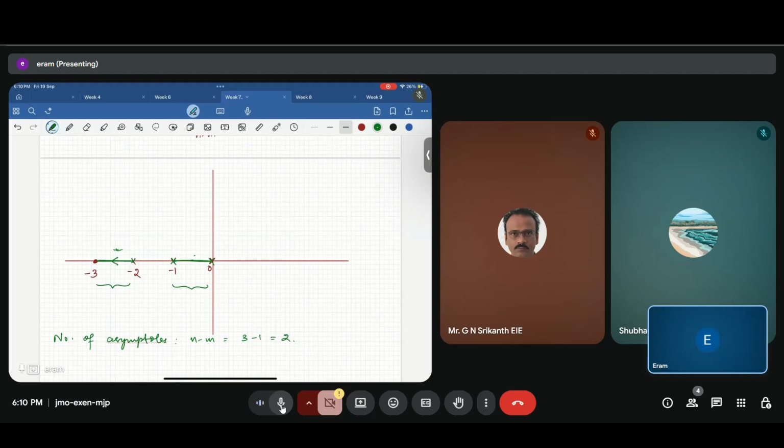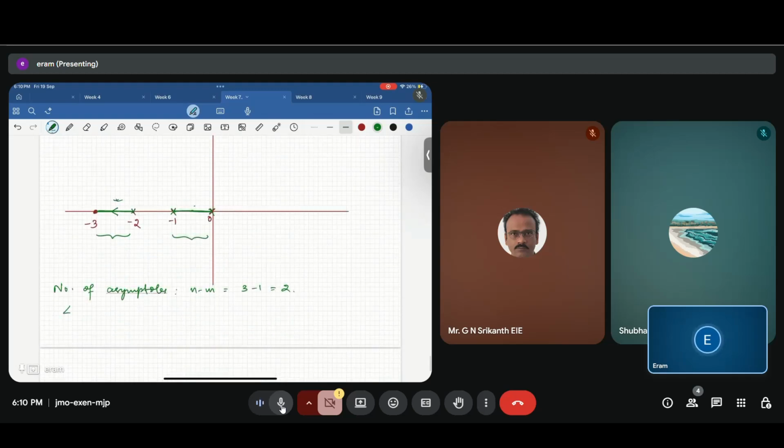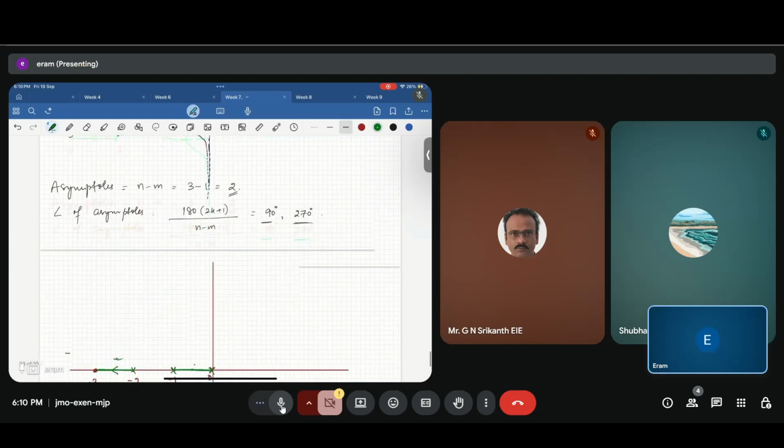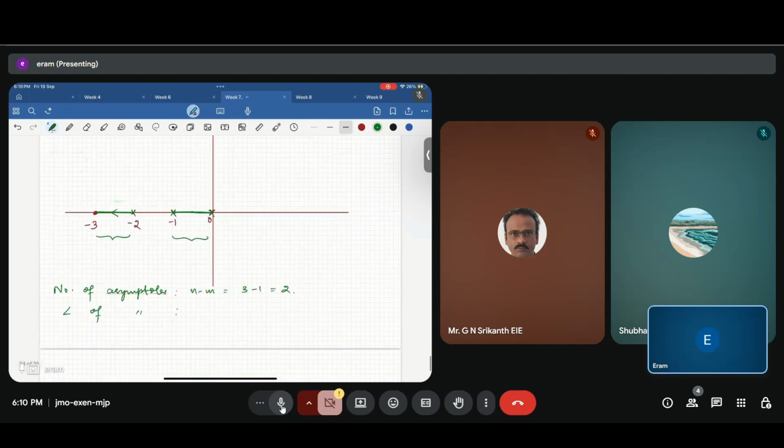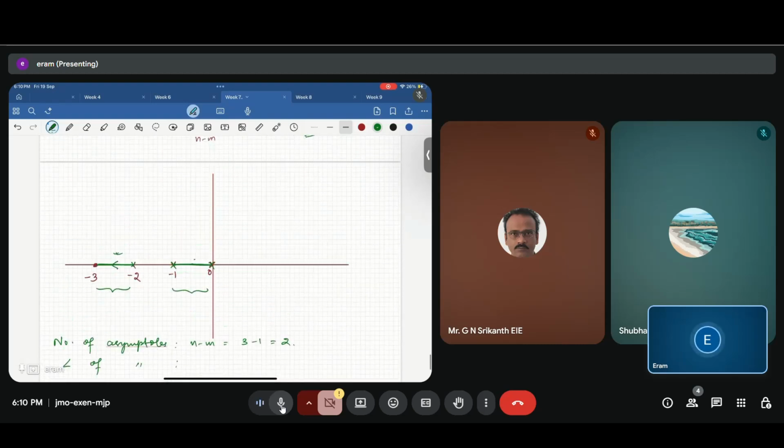Okay, and then we calculated the angle of asymptotes, which was 90 degrees and 270 degrees. And we concluded that the branches will break out from here, and then one asymptote will make an angle of 90 degrees and the other will make an angle of 270 degrees.